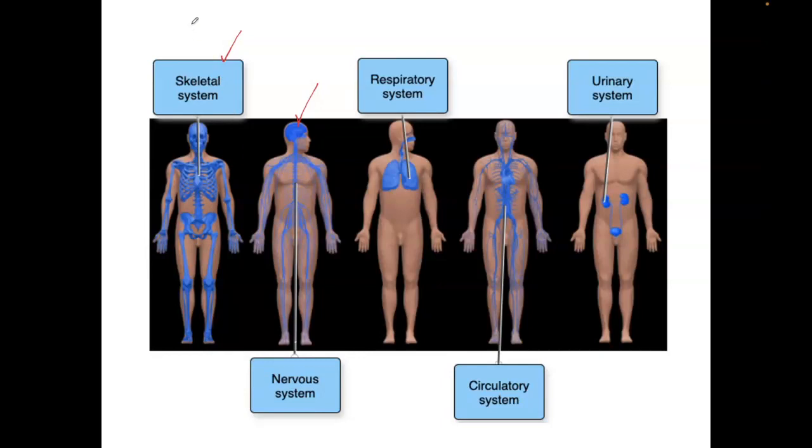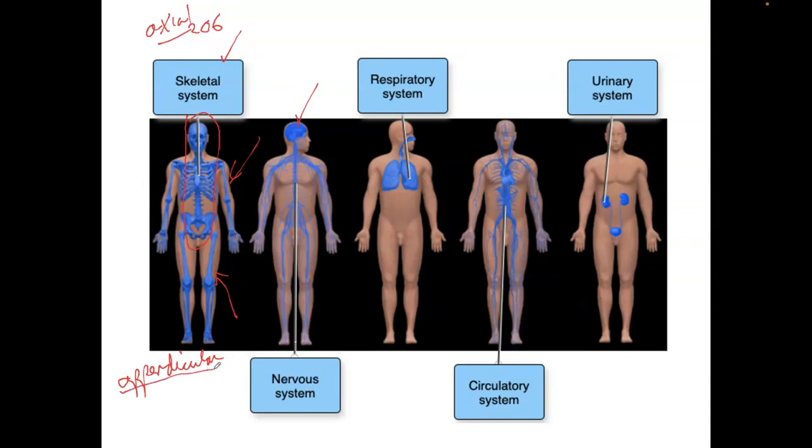Now, the skeletal system is made up of 206 bones in the body. And when I discuss the skeleton, I will break it down into what we have here in the center. And in the center, we call that the axial skeleton. And then we'll focus on the upper extremities and the lower extremities, and we call that the appendicular system.